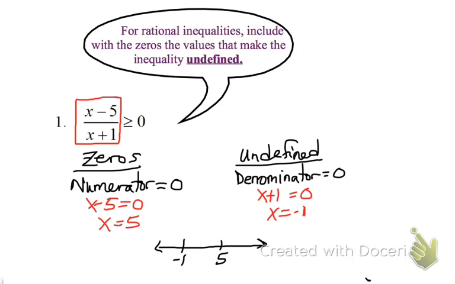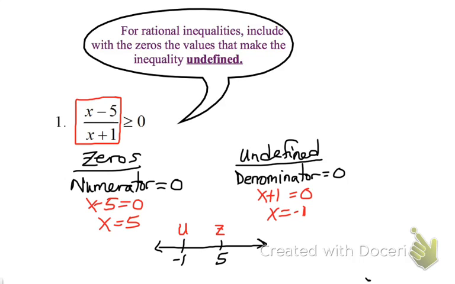Now what's going to be important in our final answer is making the distinction between x equaling 5 being a 0, and I'm going to label it with a z above that to remind myself that that's a 0 of the expression, and x equaling negative 1 being a value that makes the expression undefined. So I'm going to put a u above that.